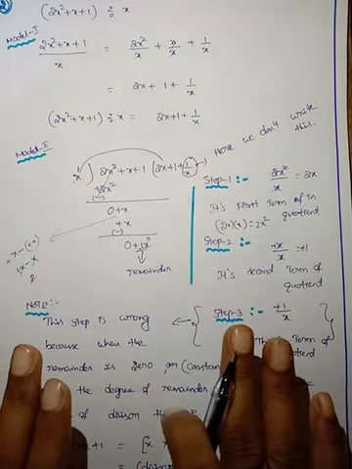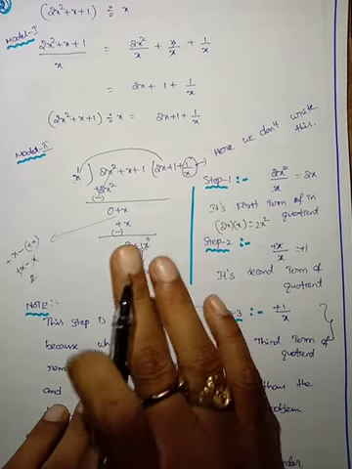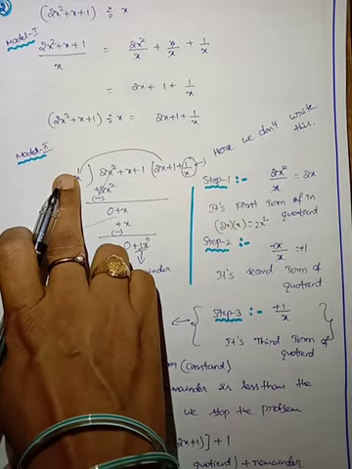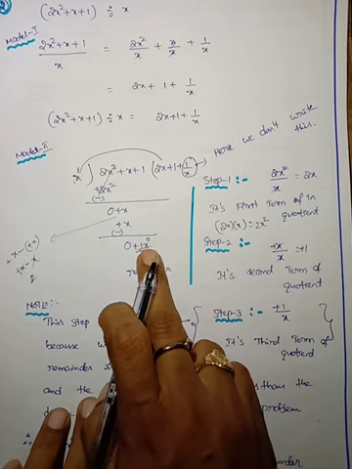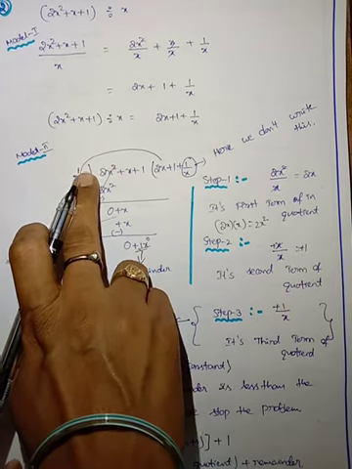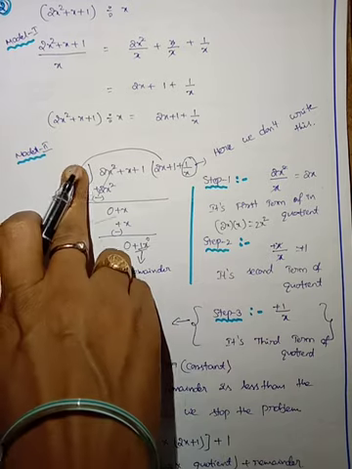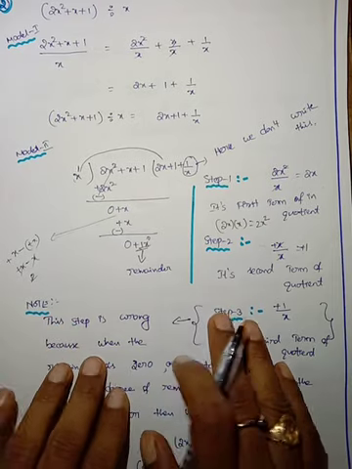Don't do like this. When the remainder is 0 or a constant, you have to check the degree of the divisor and the degree of the remainder. If the remainder is 1, its degree is less than the degree of the divisor, so the problem is completed.